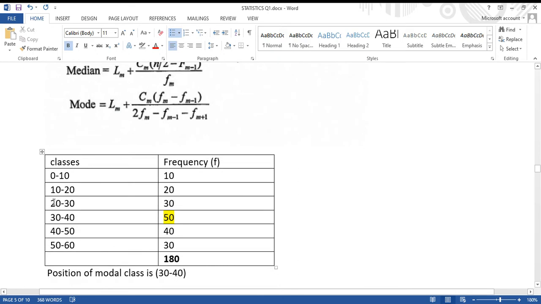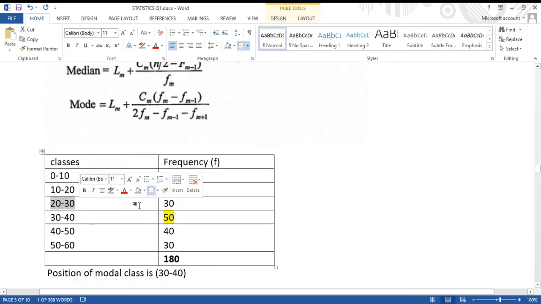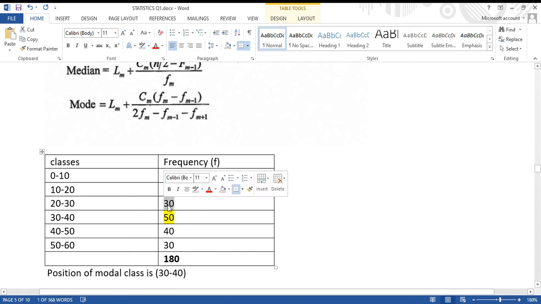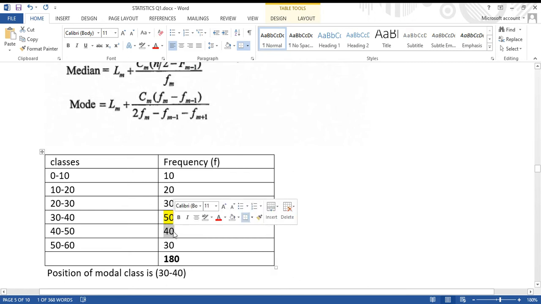All right. So the frequency of this class, 20 to 30, is 30, right? That's fm minus 1. Then fm plus 1 is the frequency of the class after the model class, which is 40.